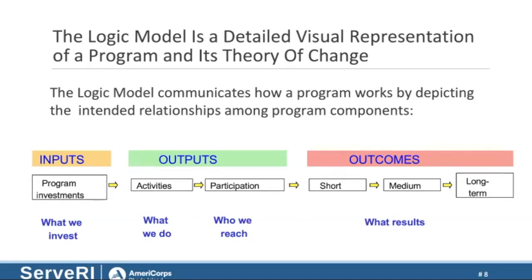This can generate a clear and shared understanding of how a program works, support program planning and program improvement, and serve as a foundation for evaluation. So let's go over the components here. On the left, there are the inputs invested in the program. There are the outputs, or what the program does and who participates, in the middle of the chart. And then on the right side, there are the outcomes, which are the results or the benefits of the program.